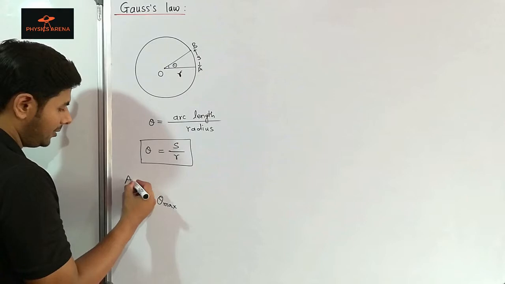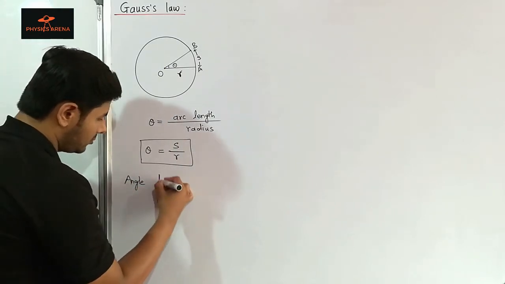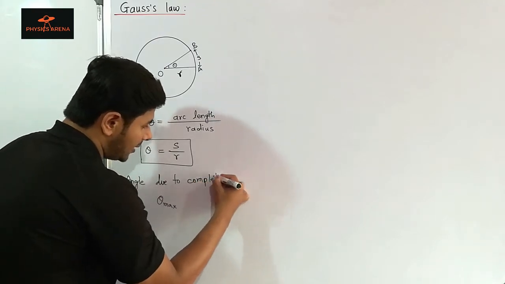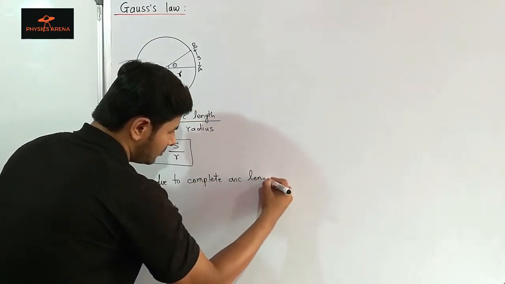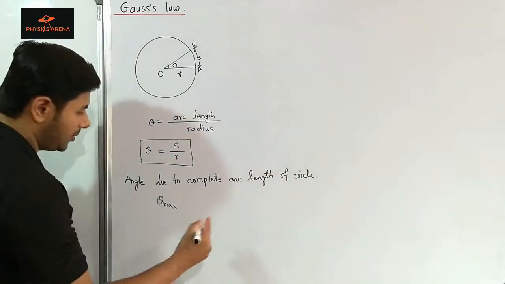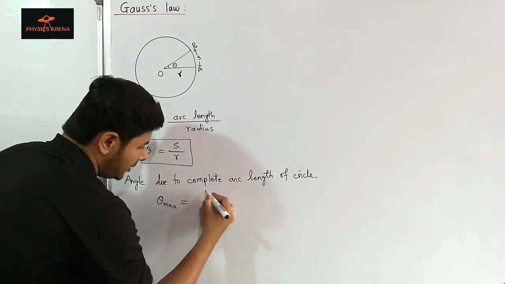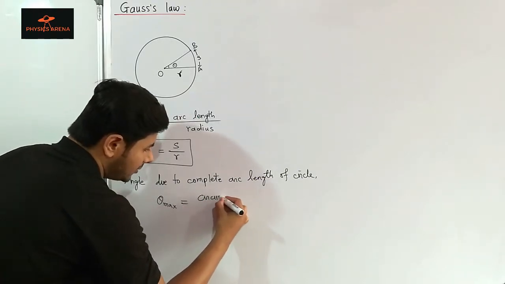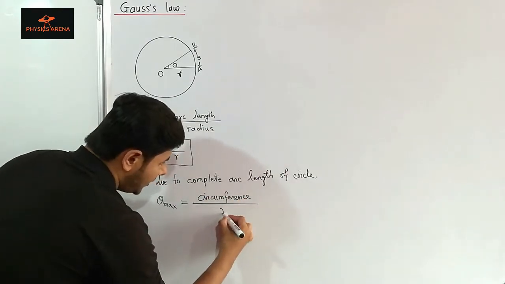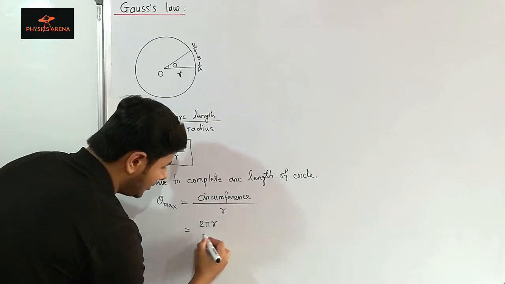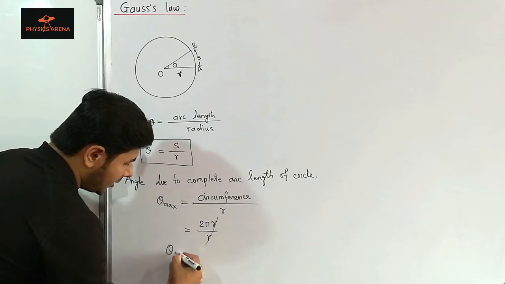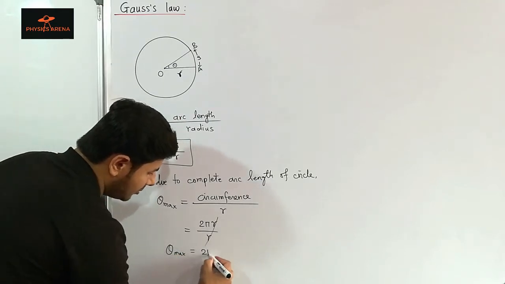This is the angle due to the complete arc length of the circle, or the circumference of the circle, and it should be equal to the circumference divided by the radius, that is 2 pi r divided by r. So this r gets cancelled and we get theta max equal to 2 pi.